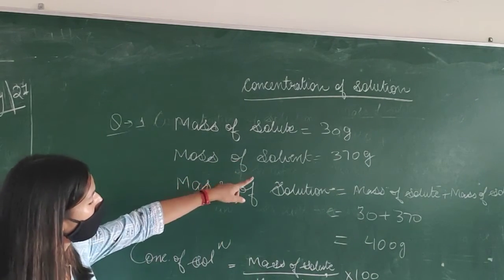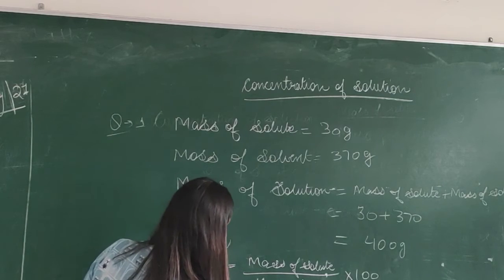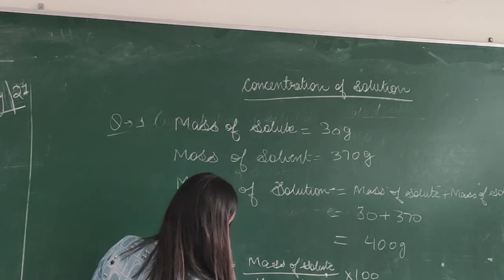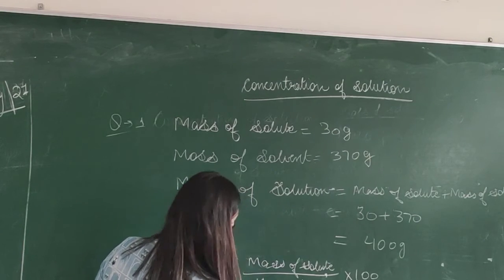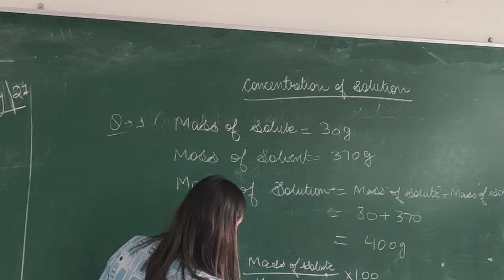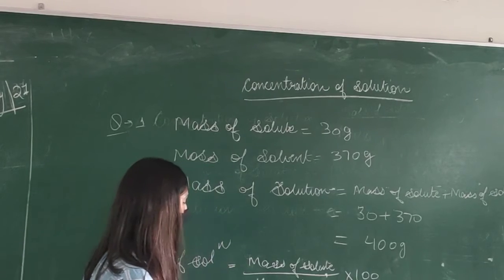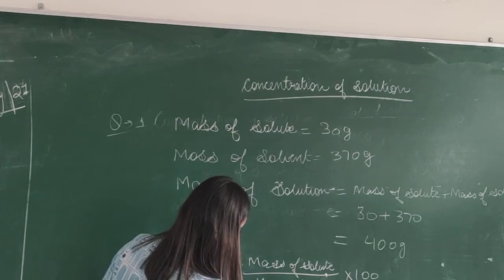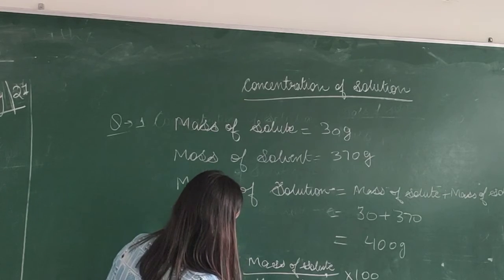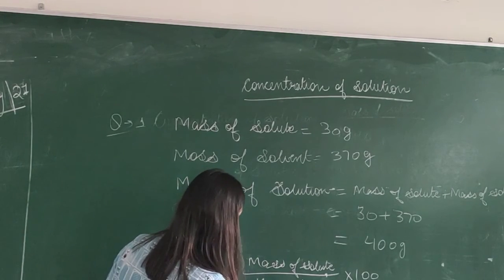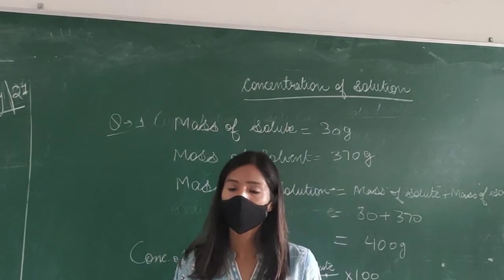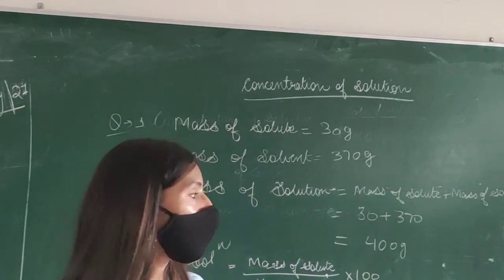Now we already know the mass of solute is 30, and mass of solution is 400, into 100. So we will cut this, like this. It will be, I think, 7.5. Solve this.